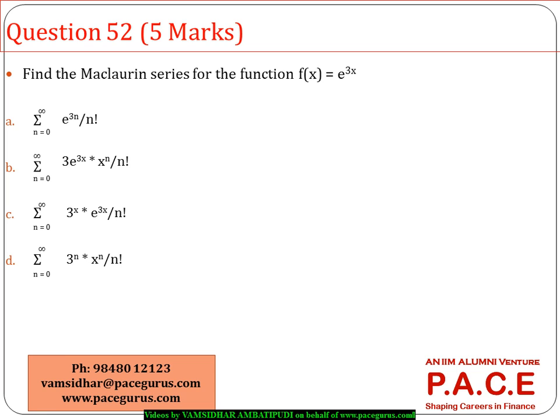Find the Maclaurin series for the function f of x equal to e power 3x. What is the way we operate the Maclaurin series? We have that expansion formula, right?